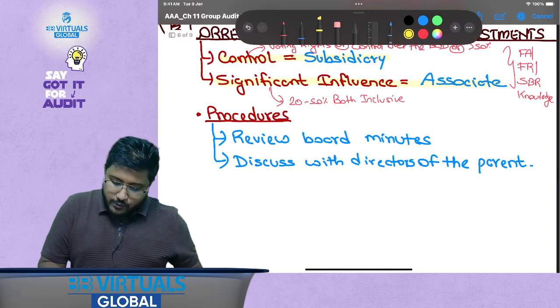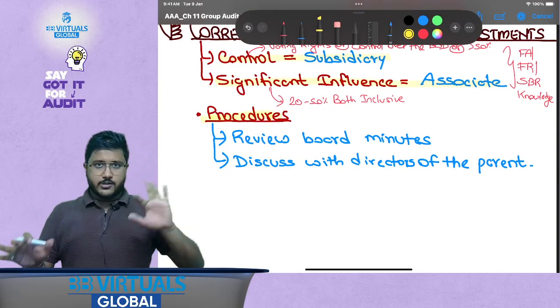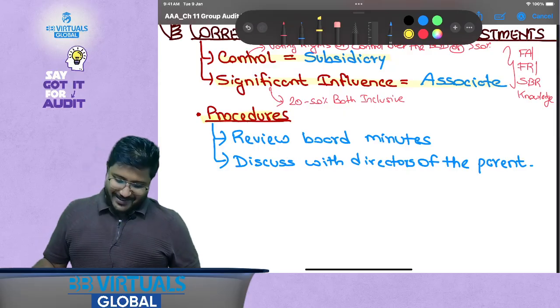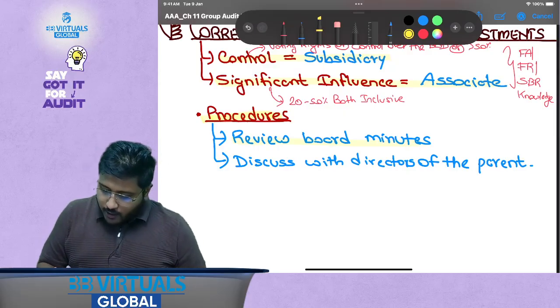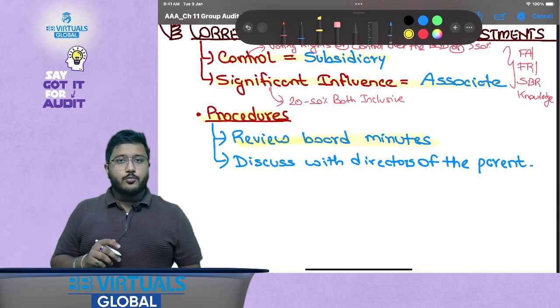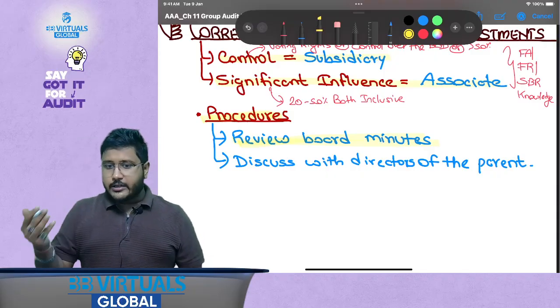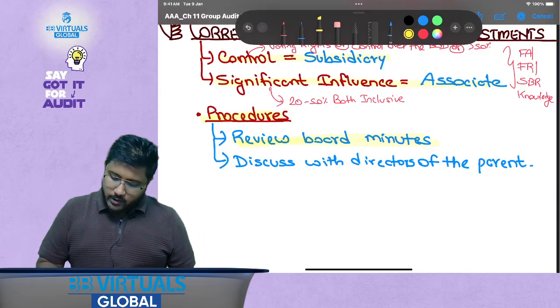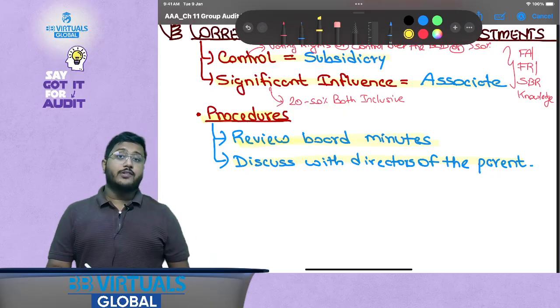Okay, now procedures. If there are any changes, please deal with them within your FR and SBR syllabus. Now procedures: how can we determine who is in control? So review board minutes. There you will find who is actually taking the calls, who is actually being reported to, and discuss with directors of the parent who is actually in charge.